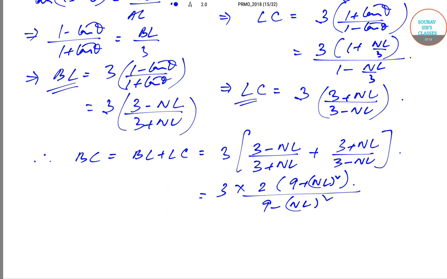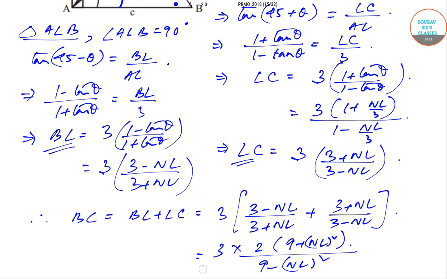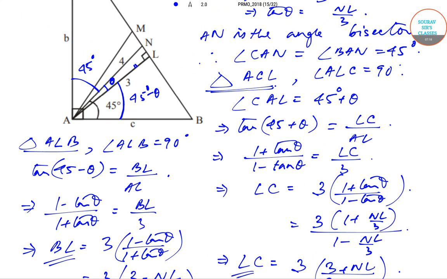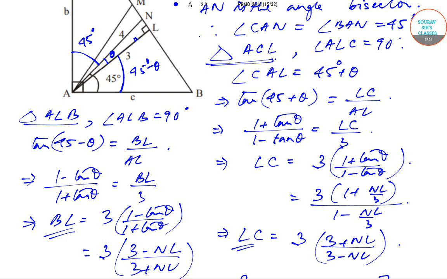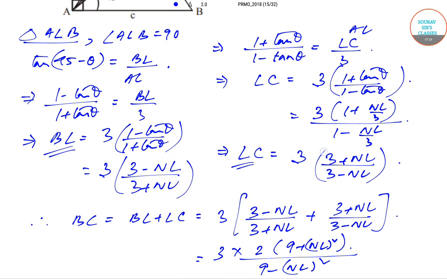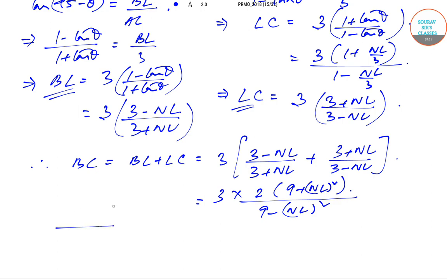Now what is NL? Let us find the value of NL, as it depends upon the value of NL. If we consider the triangle NAL, as you can see over here, AN is equal to 4, AL is equal to 3, and NL we don't know.